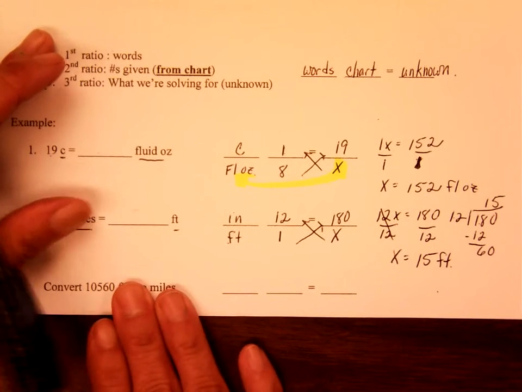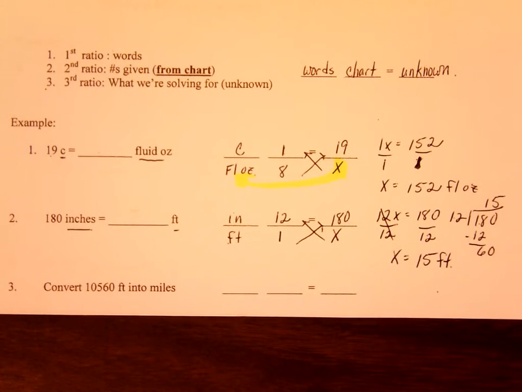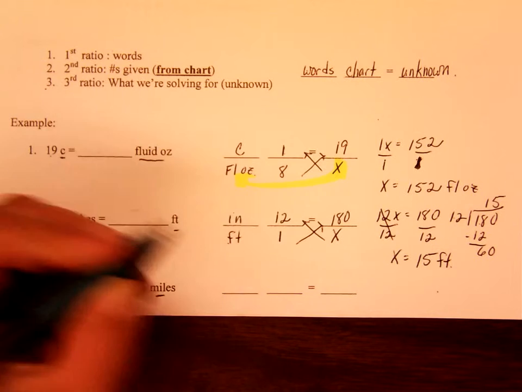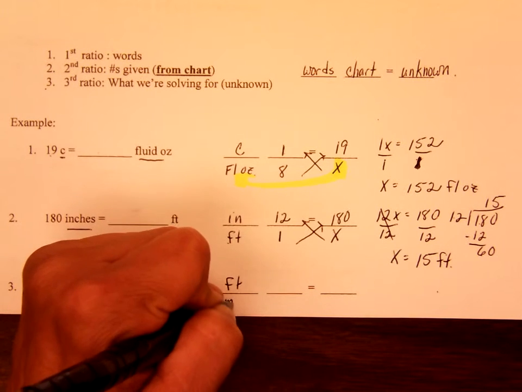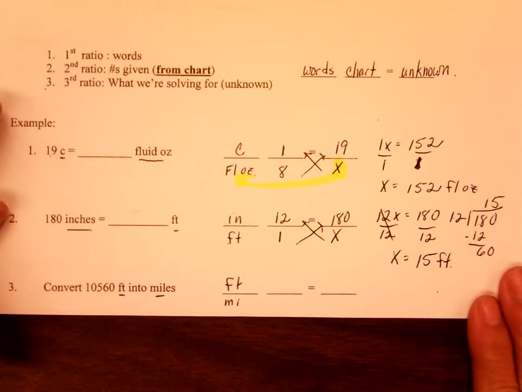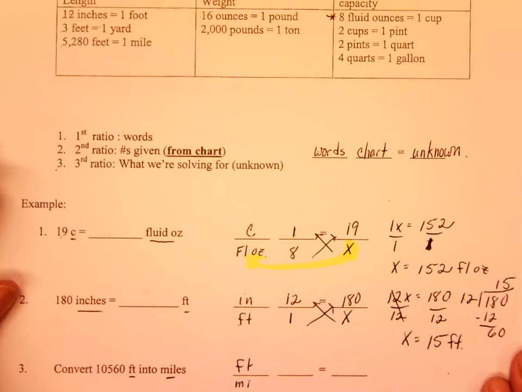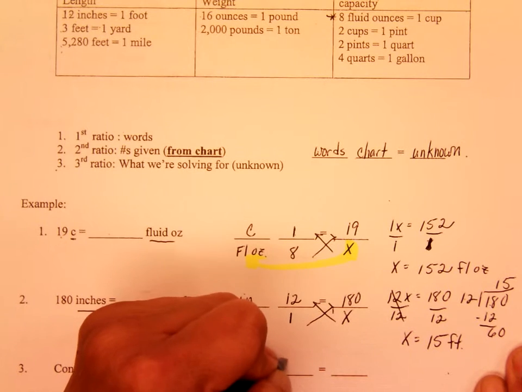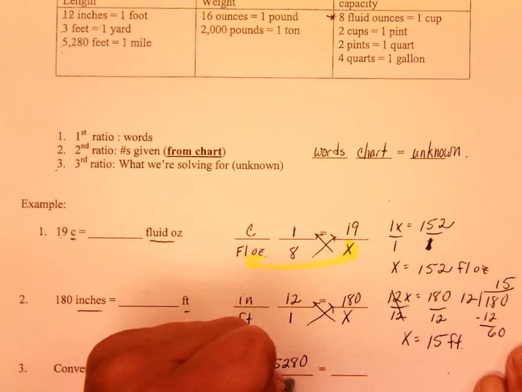The last problem, try on your own. When you're ready, you can push play. So your words are feet and miles. Okay, looking at your chart, I'll bring this down again. It says here, feet. There's 5,280 feet in 1 mile.